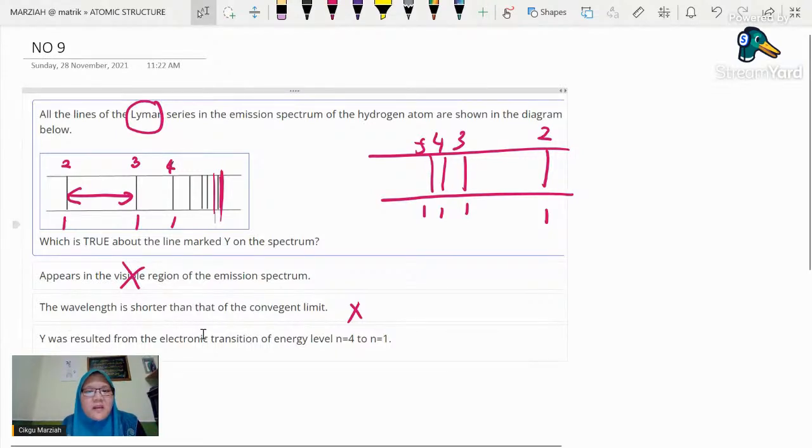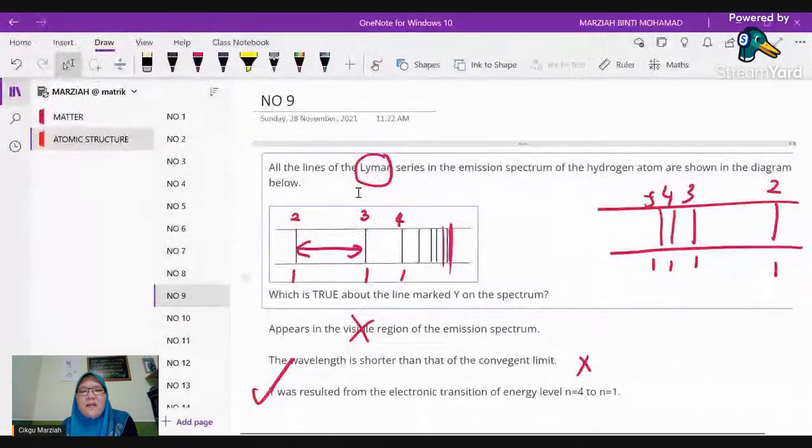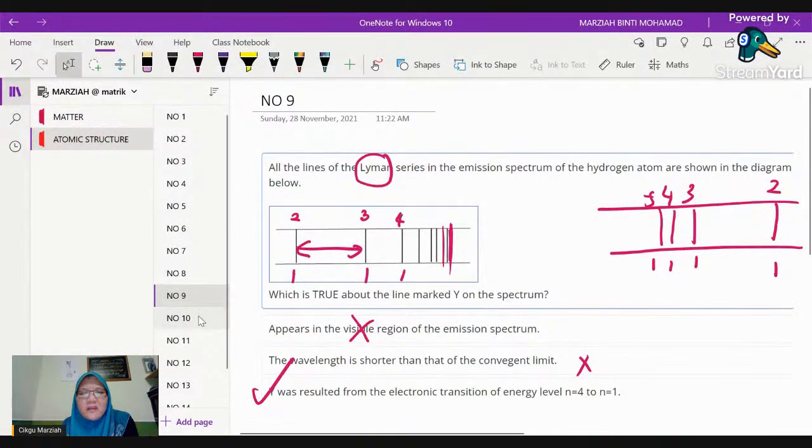Y result from the electronic transition 4 to 1. So Y betul. Buat kita dah lukis tadi. Okay, right. Saya lupa pula nak copy yang jawapan option D tu. Okay, so this is how we read. So saya rasa you all kena tengok balik cara nak baca line spectrum ni. How to relate line spectrum dengan energy level.